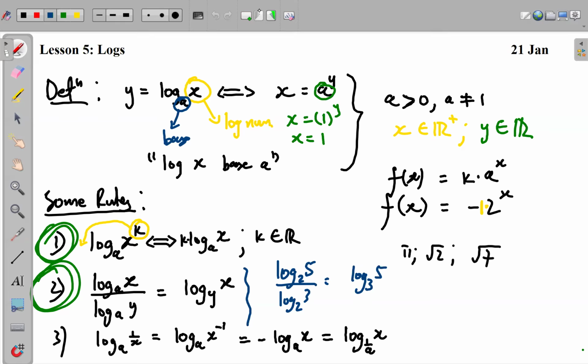in financial mathematics. The third one, you will appreciate it more when we do inverse functions, and when we talk of the inverse of the exponential function, that's where we're going to talk about the logarithm function. And so when we do that switching, when we do that conversion from exponential to logarithm or logarithm to exponential, you will appreciate property number three.